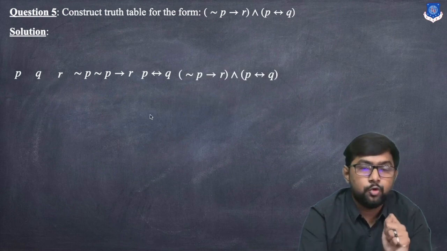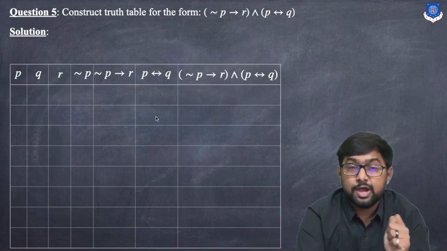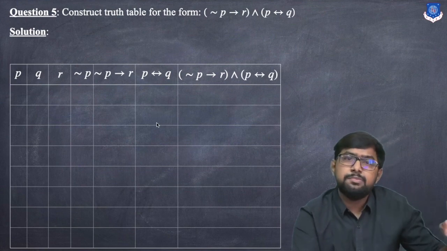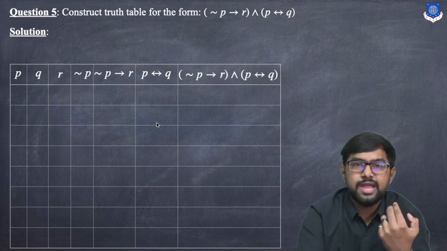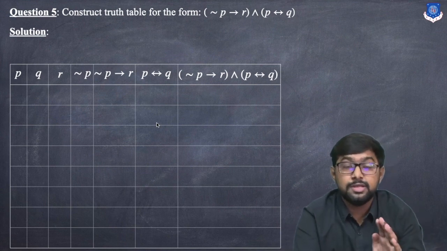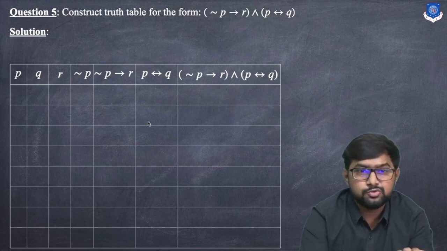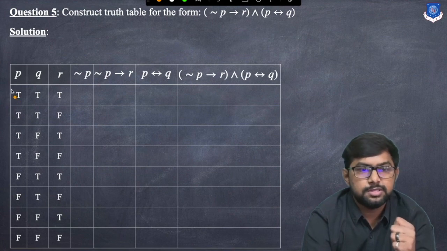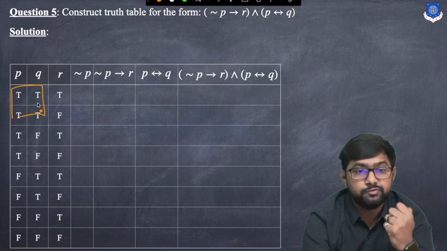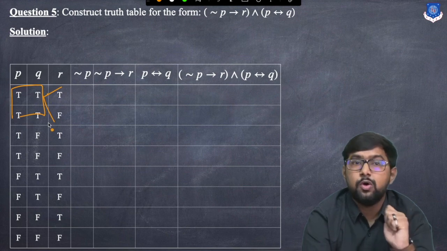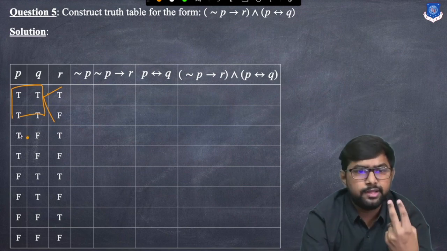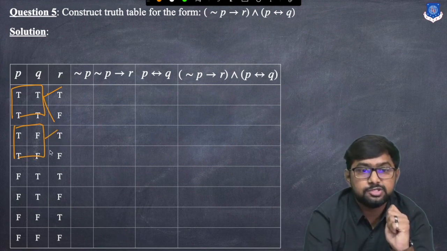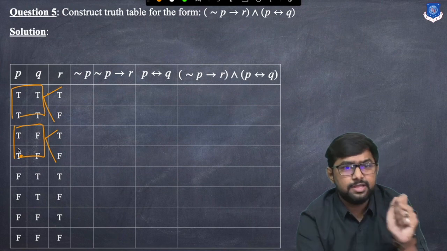So see, we have a total of 3 statements, so there will be a total of 8 possibilities. In all the previous examples there were only 2 statements, so we had 4 possibilities. Now here we will have 8 possibilities. So how to remember this? First fix TT, and we will have 2 possibilities, either T or F. Now fix T and F, so we will have TFT and TFF.